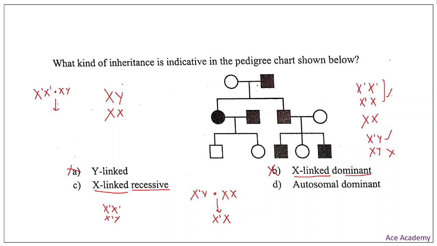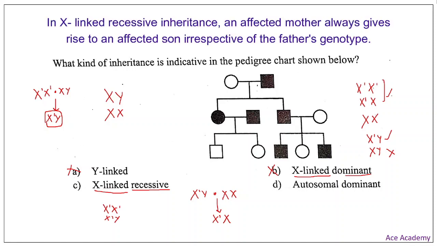If, say, they have a son, then the man is going to pass his Y chromosome to the son and the woman is going to pass her X chromosome to the son. Now, it doesn't matter which X chromosome comes to the son, it is always going to bear the mutation, making the son affected himself. In other words, if the inheritance is X-linked recessive, then an affected mother would always give rise to affected sons.